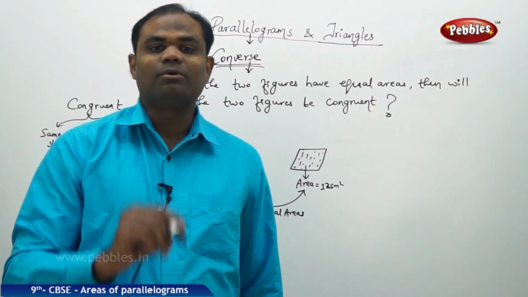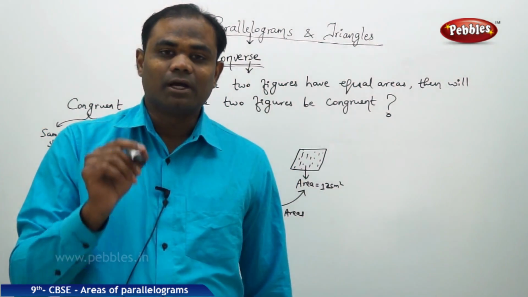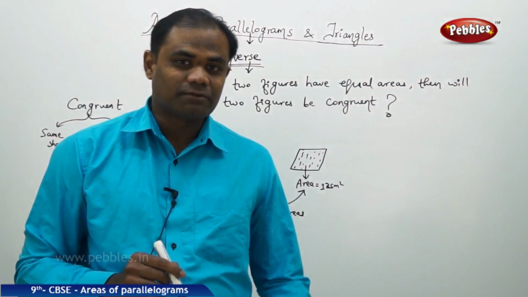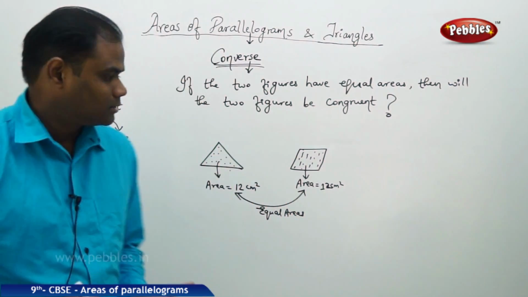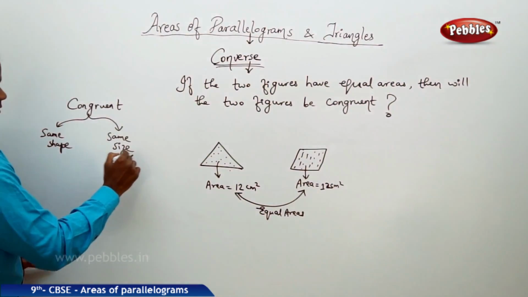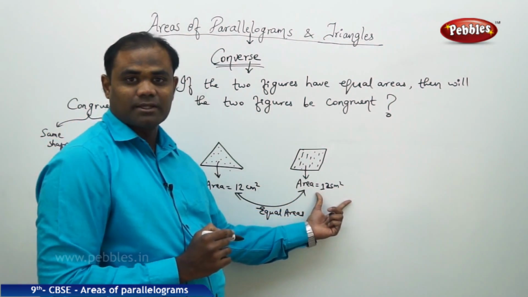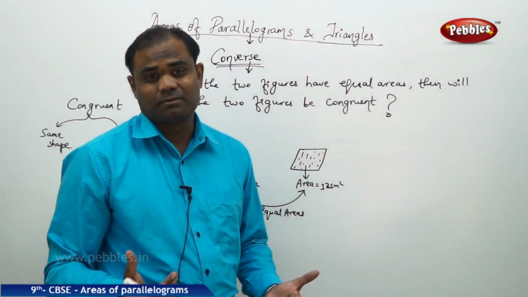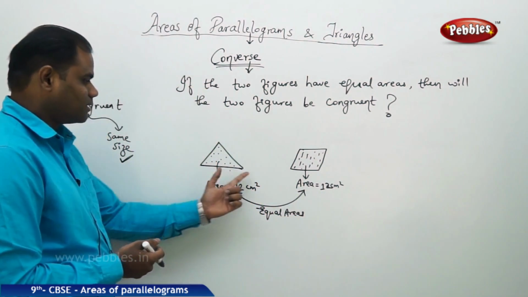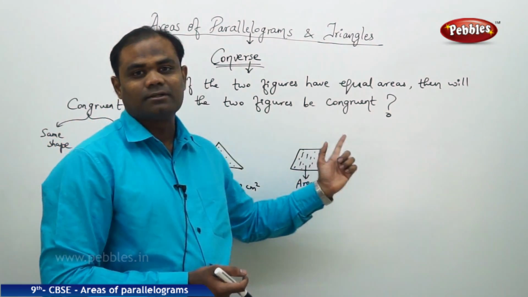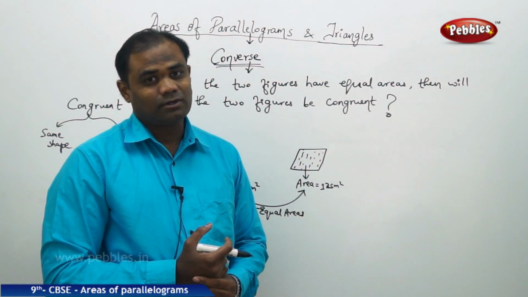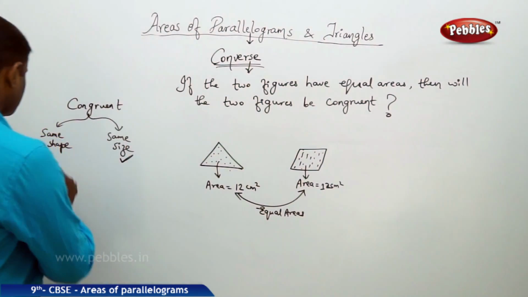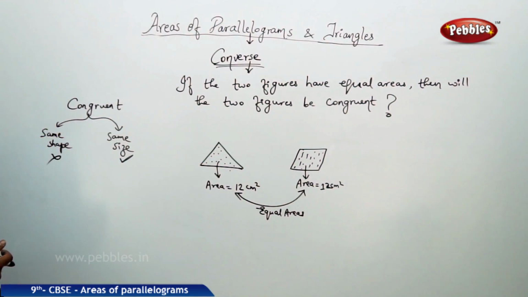That is also very important in ruling out congruency. In justifying the two figures to be congruent, we have to justify same size. Yes, of course, they are of same size, each being 12 centimeters square, but are they of the same shape? No, this is a three-sided figure and this is a four-sided closed figure, so they're not of the same shape. It fails with the second case.